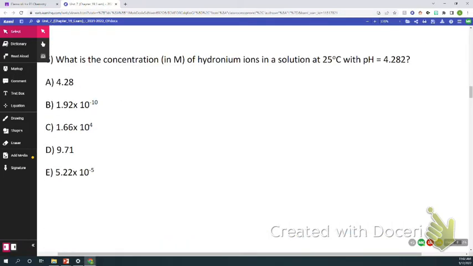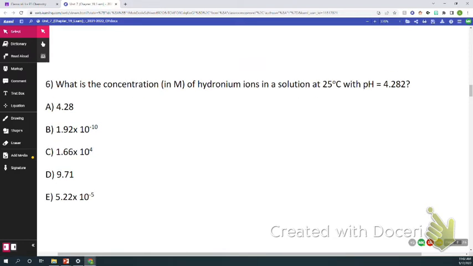All right, number 6. What is the concentration of hydronium ions? So maybe you didn't know what that meant, but hydronium ions is this, H plus, and concentration is the bracket.